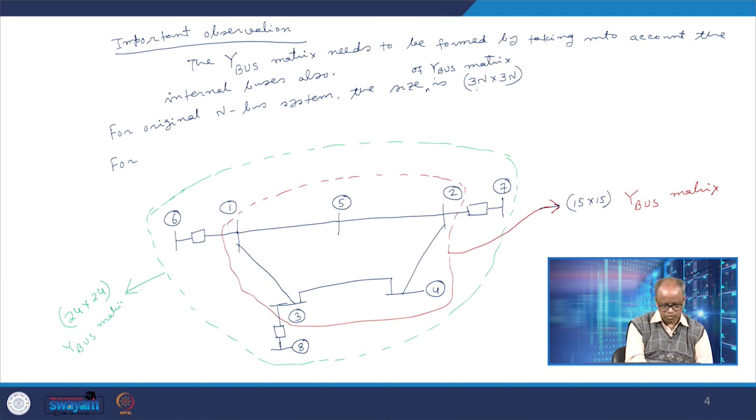So, we have to form the Y bus matrix for an 8 bus system, right, not for the original 5 bus system.